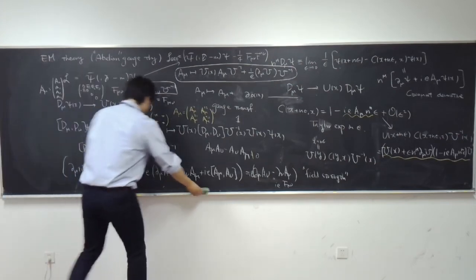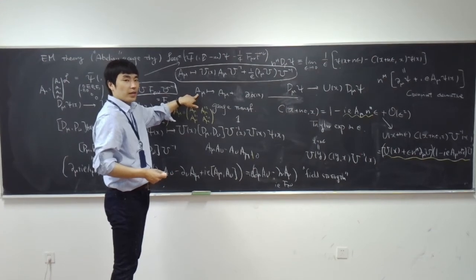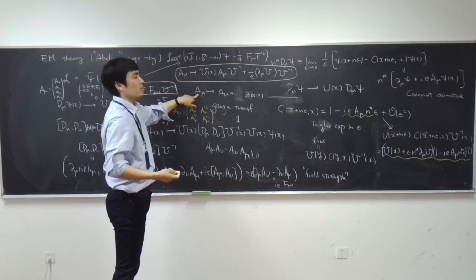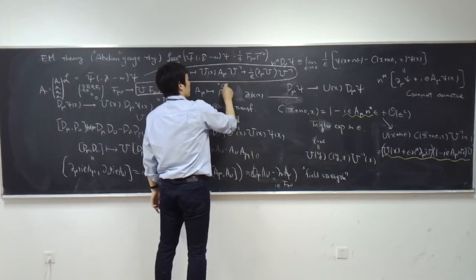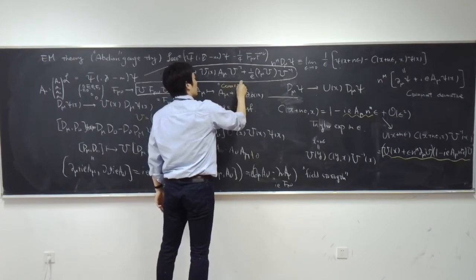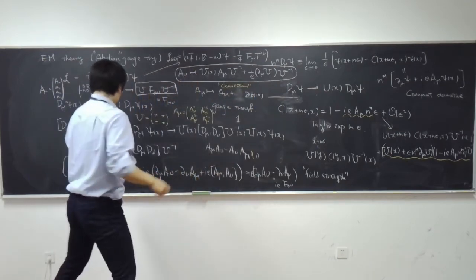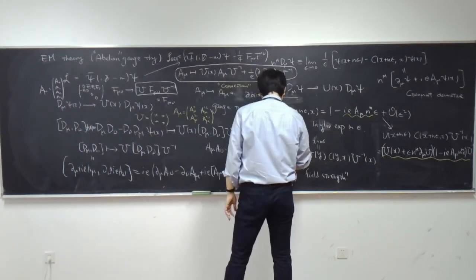Oh, and I need to introduce the notation. A mu in physics is called the gauge field, and sometimes it's called the vector potential. But in geometry people call it the connection, and this F mu nu is called the curvature.